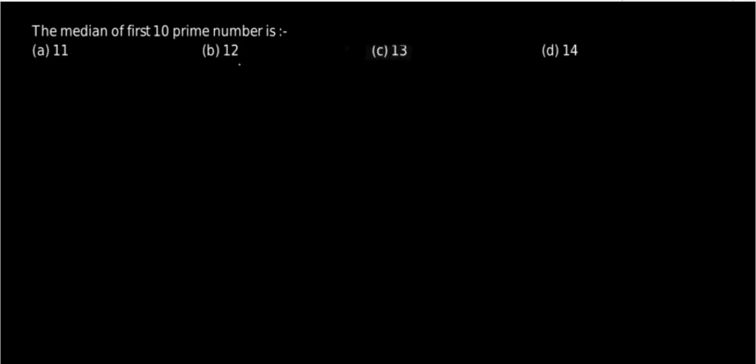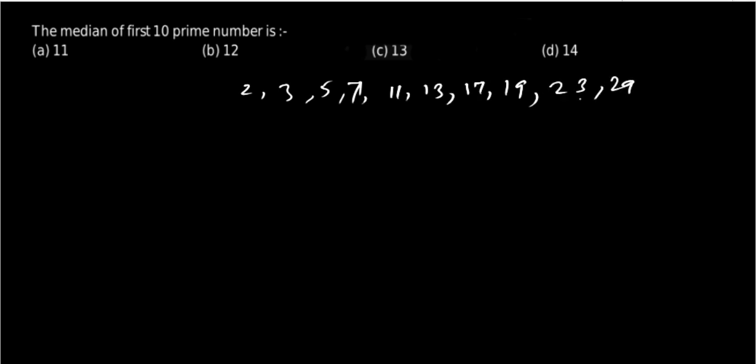Next question. The median of first 10 prime numbers. Median is a middle number. Let me write first 10 prime numbers. The first 10 prime numbers are 2, 3, 5, 7, 11, 13, 17, 19, 23, 29.